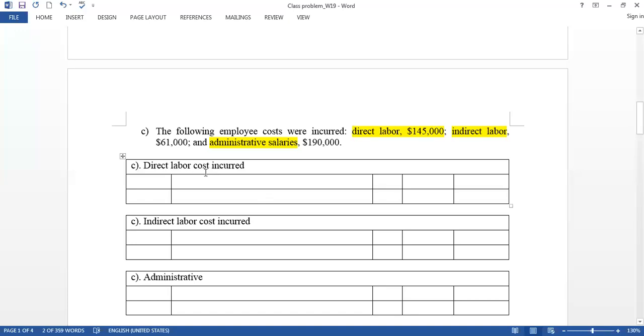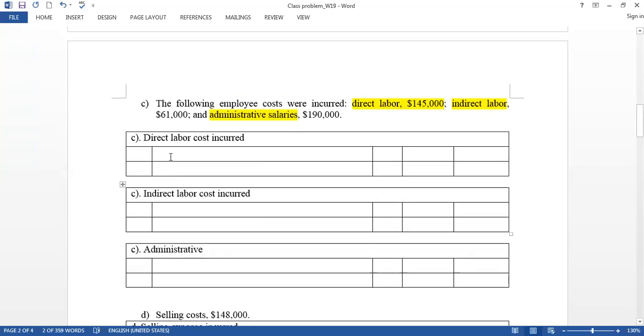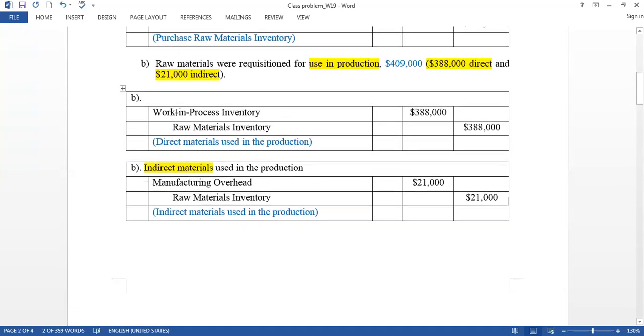So for the direct labor, what is the journal for direct labor? Similar to direct materials, direct labor also transferred to work in process inventory.